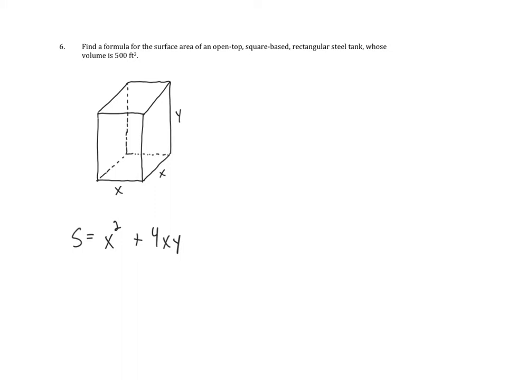Then they say the volume has to be 500, so just multiply all the dimensions. That's the volume, and that has to be 500 exactly. We'll solve this for either variable. I think it definitely makes sense to solve for y. If you solve for x, you'd have square roots, plus there are 2 x's in our surface area formula.